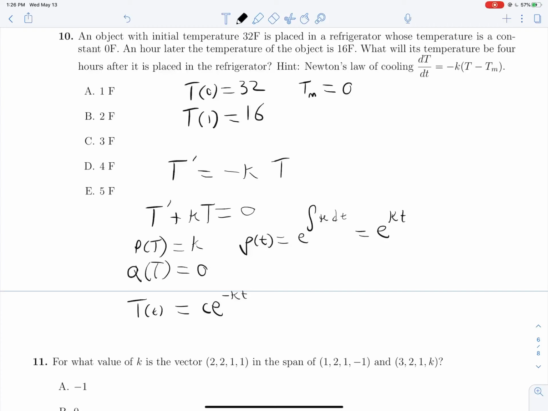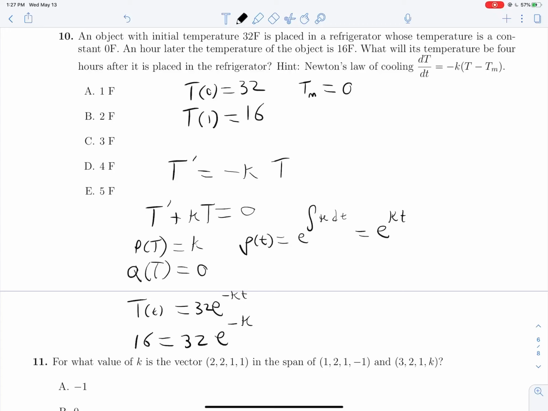Okay, so now we can start applying our initial conditions to solve for both c and k. Since T at 0 is equal to 32, 32 is equal to c times e to the 0, so c is just equal to 32. Then we're told that T at 1 is equal to 16, so 16 is equal to 32 e to the negative k.